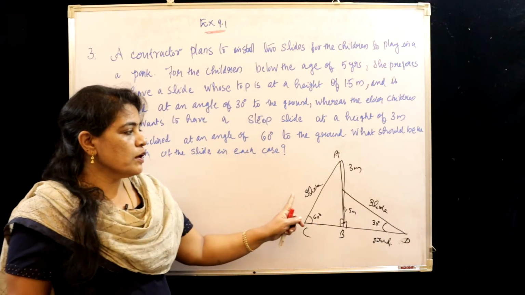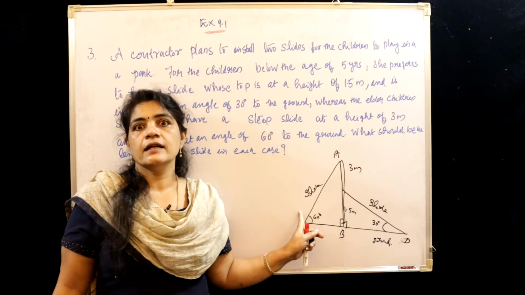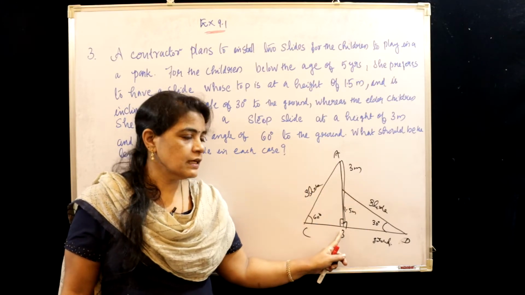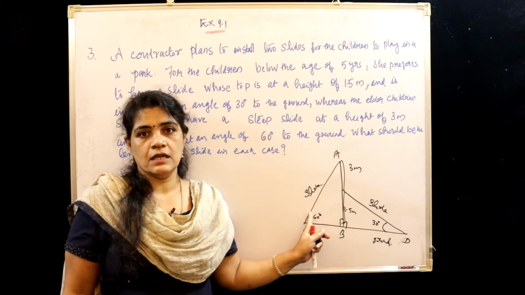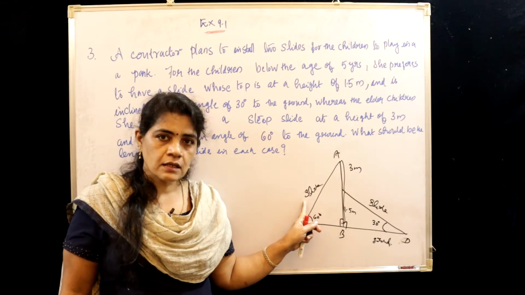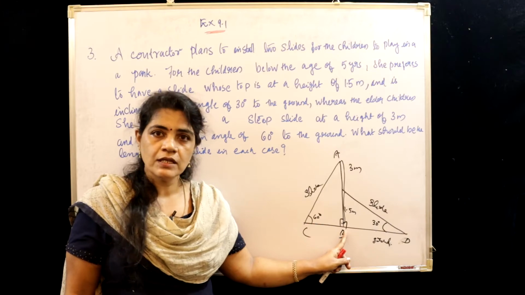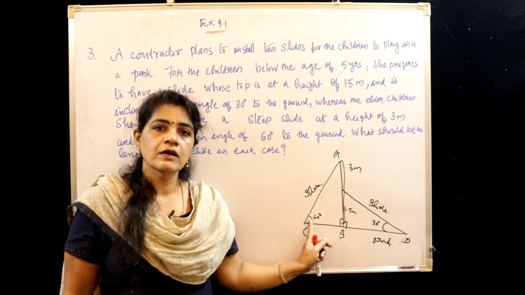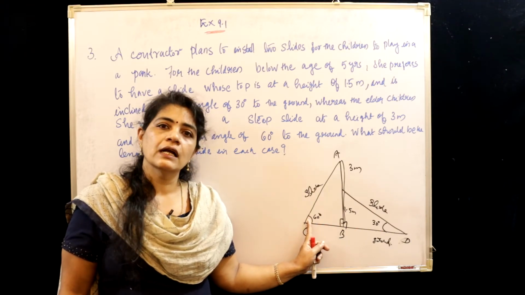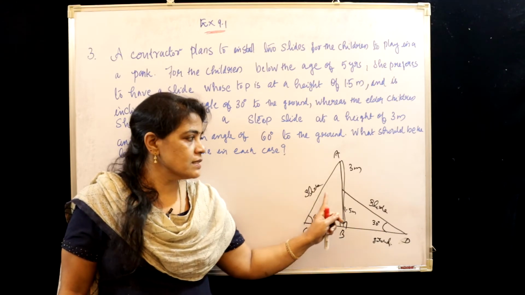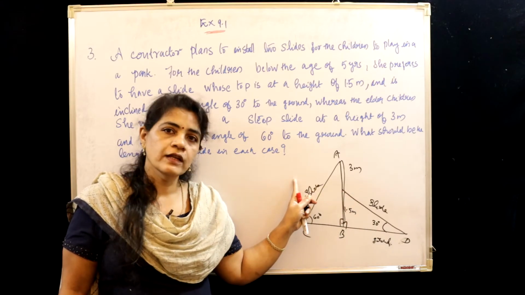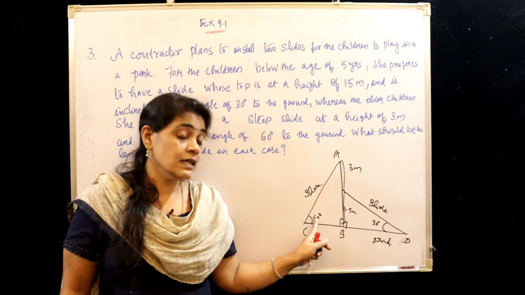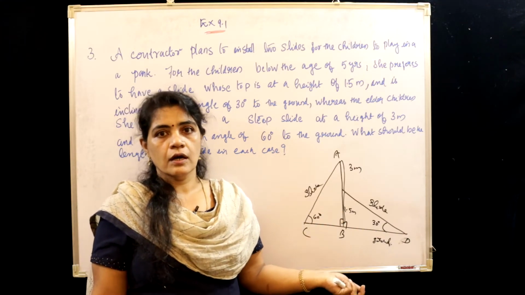In order to get the length of the slide for the elder ones, you consider this right triangle ABC. The height AB is given, 3 meter, and the angle is given. With respect to this acute angle 60 degree, this is the opposite side and this is what we need. So here you have to take sine 60 degree or cosec 60, both are okay.